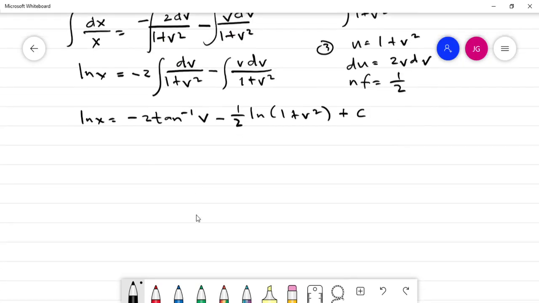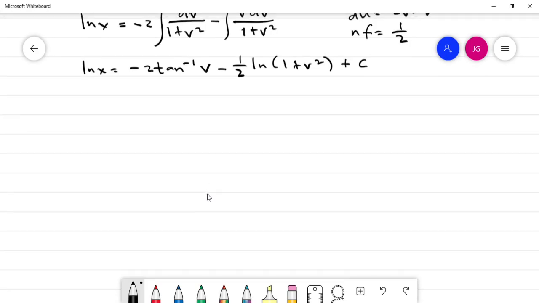Okay, plus c. So, combine na to na yung mga ln, guys. Okay, combine na to and ang negative atong ibalhin. So, we have ln x, then plus 1 half ln 1 plus v squared, then plus 2 arctan v, then equal to c.